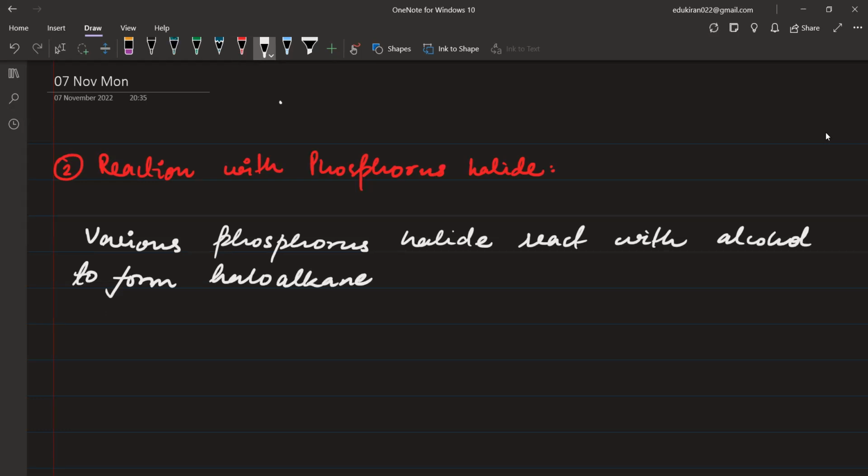So there are two different types of halides: phosphorus trihalides and phosphorus pentahalides.